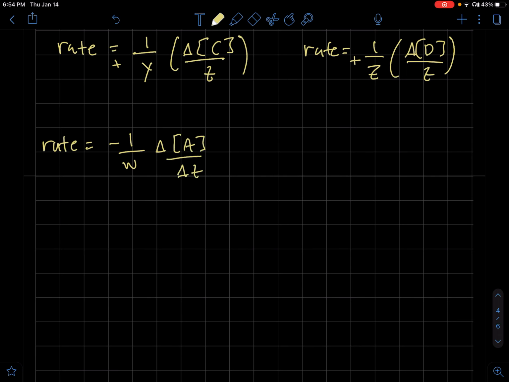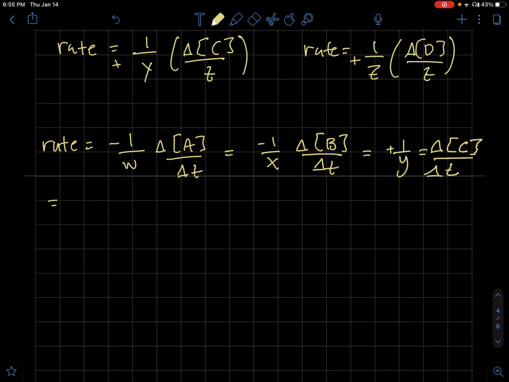We're changing T. Now we're moving to positive, right? 1 over Y, changing C over T, which is equal to 1 over Z, equals change in concentration of D over change in time.